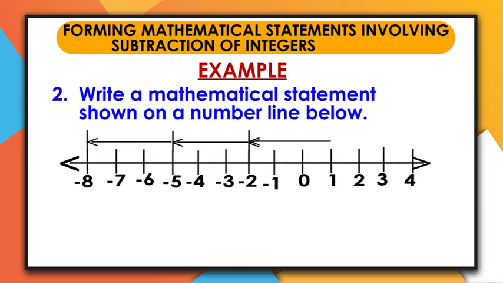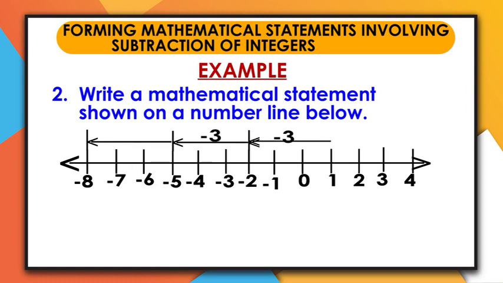So if we first count those jumps from +1 to -2, how many jumps are those? We have 1, 2, 3. Remember it is towards negative, so we are going to say -3. We can write it on top of that jump. Then from -2 to -5, we count the jumps. That is 1, 2, 3.